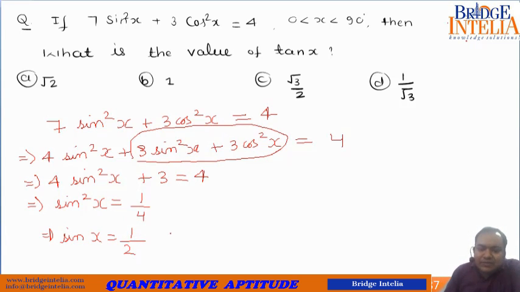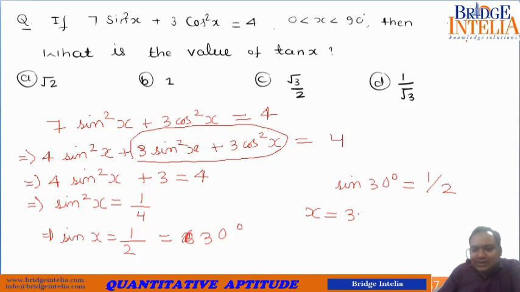For which value? For the value 30 degrees. We all know that sin 30 degrees is equal to half. So indirectly we have been told that x is equal to 30 degrees.